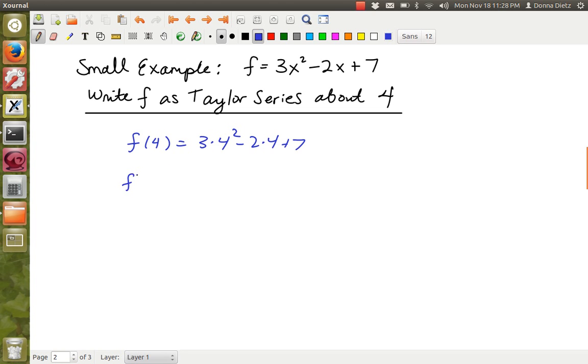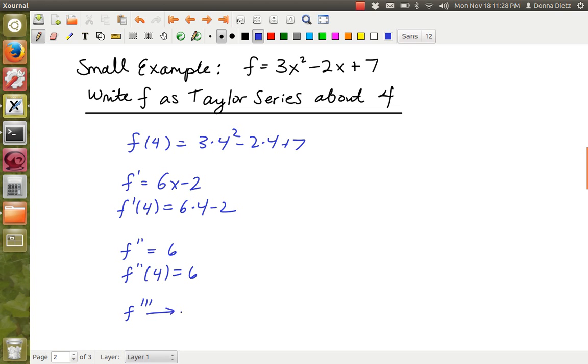And then you have to know the derivative of f, 6x minus 2. So f prime of 4 is 6 times 4 minus 2. We'll get that later. Second derivative, 6. So f double prime of 4 is 6. And f triple prime, and all the remaining derivatives are 0.